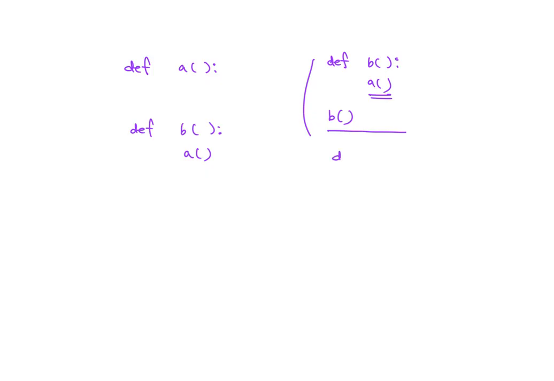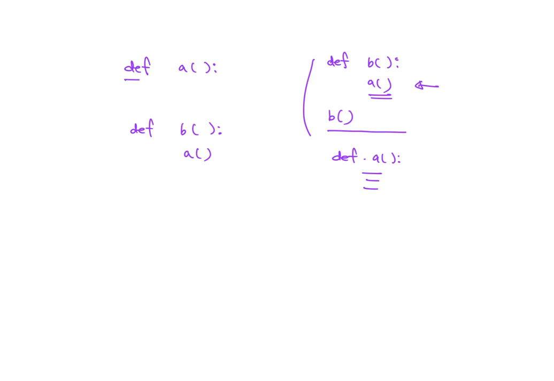So if I provide the definition of A here with some statements, then this code does not work. Because at this point, when this line is executed, the Python interpreter does not have any idea of the function A.